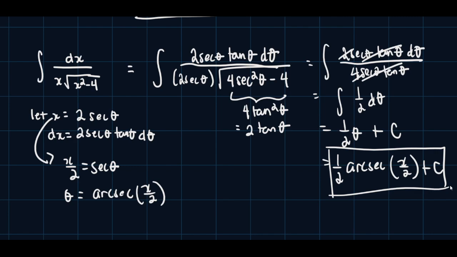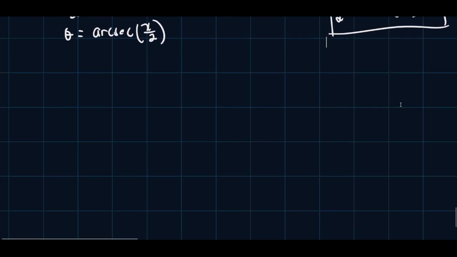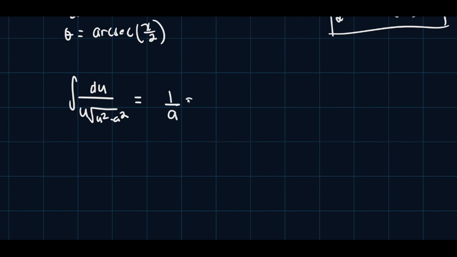So again, kung babalikan natin yung ating second table that was presented earlier. So if we have an integral of the form du all over u square root of u squared minus a squared, this is equal to 1 over a arc secant of u over a plus c.